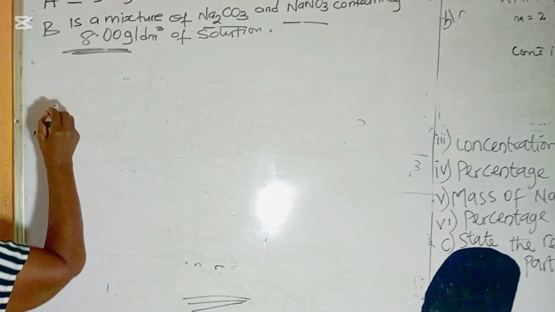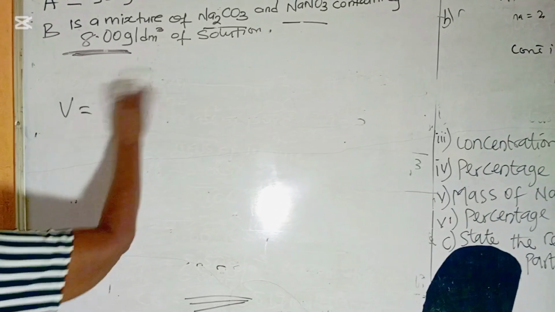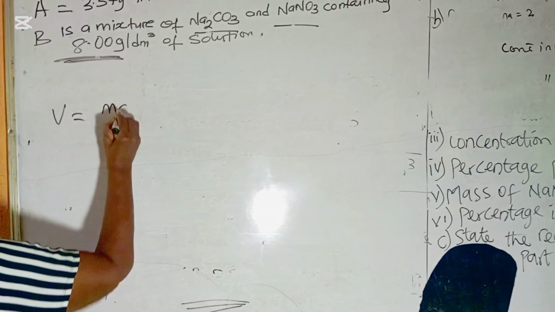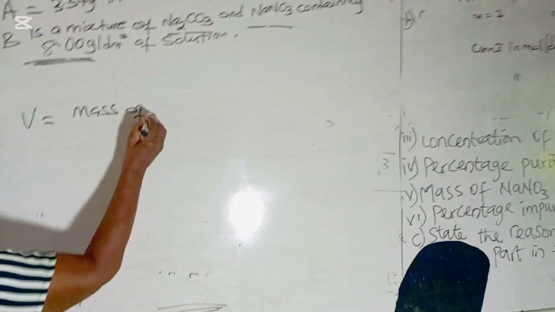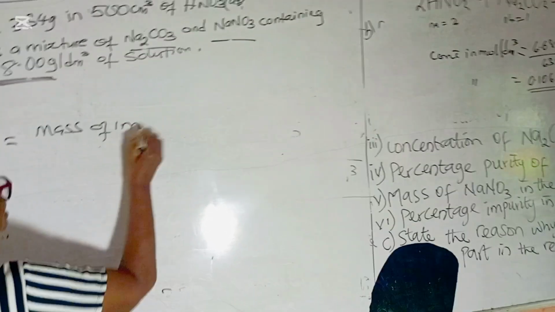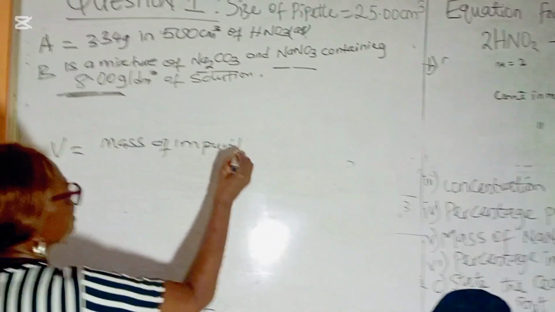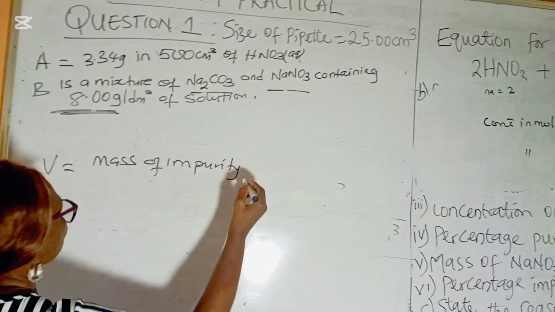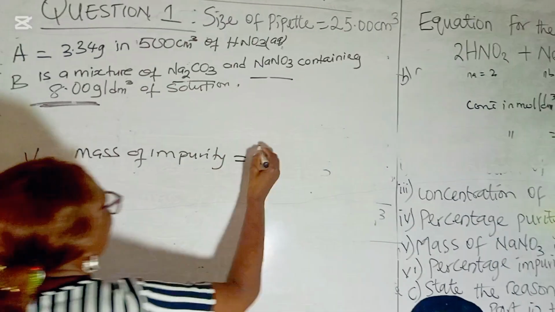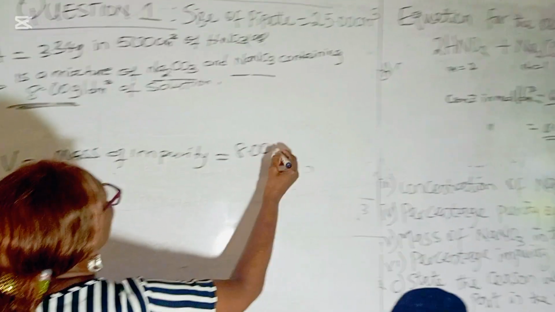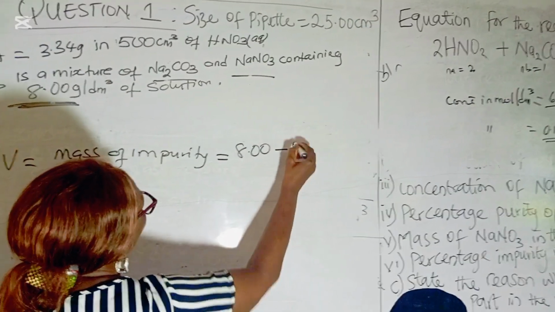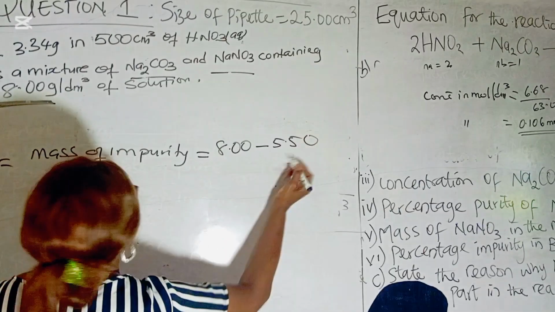Okay, V says mass of impurity. Well, that is the impurity that did not take part in the reaction. It will be 8.00 minus 5.50.